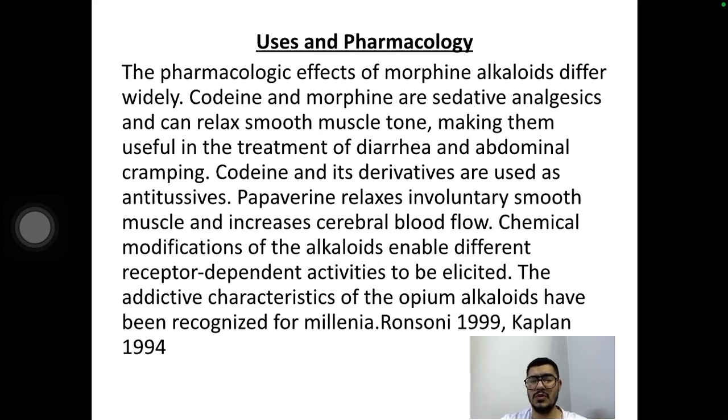It also causes constipation for the patient. Codeine and its derivatives are used as antitussives. Papaverine relaxes involuntary smooth muscle and increases cerebral blood flow. Chemical modification of the alkaloids enables different receptor-dependent activities to be elicited. The addictive characteristic of the opium alkaloids has been recognized.